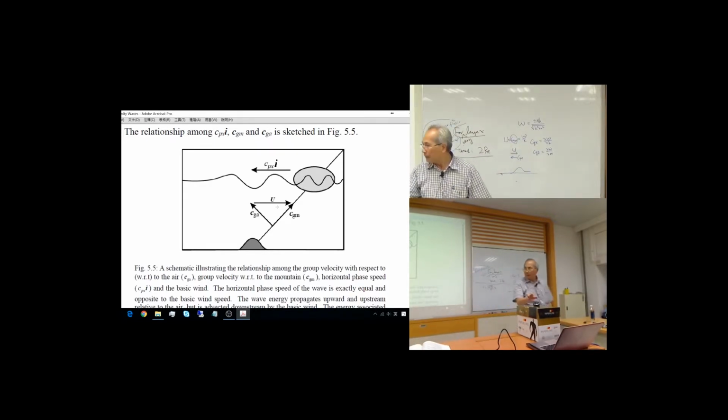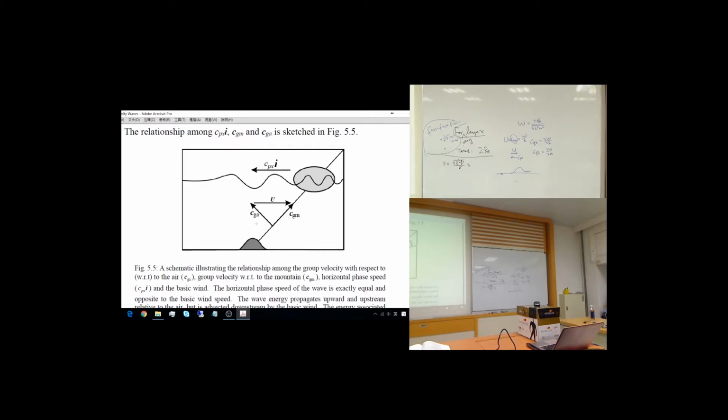Here, relative to the air, you have the group velocity propagating like this, and then the U wind advects this group velocity, the energy, this way, but because we have the basic wind coming in, eventually you see the group velocity going this way, and then you see the wave here.